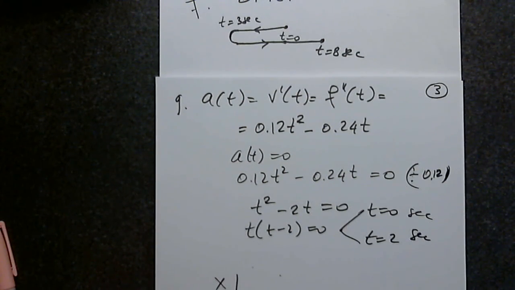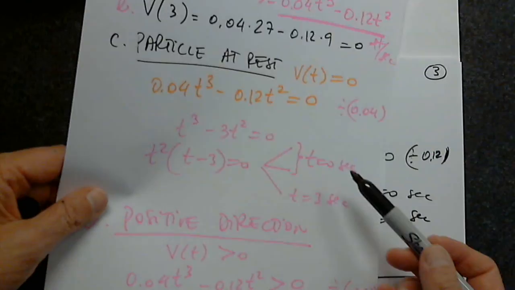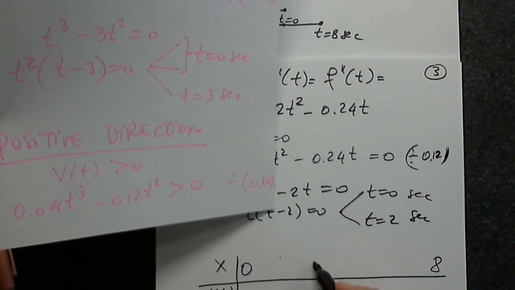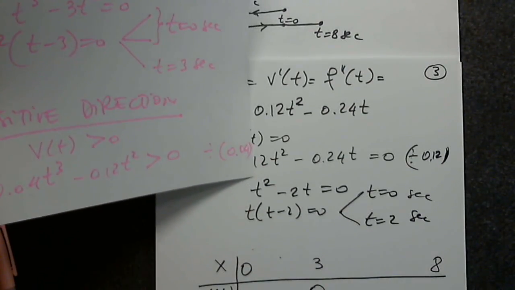So now, the velocity, the acceleration between 0 and 8. That's what they want. One more time. When is the particle speeding up? When is it slowing down? Between 0 and 8. Going back to the velocity, I know that at 0 and 3 it is 0.